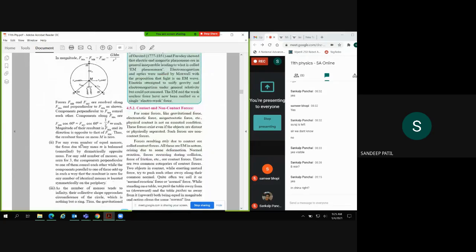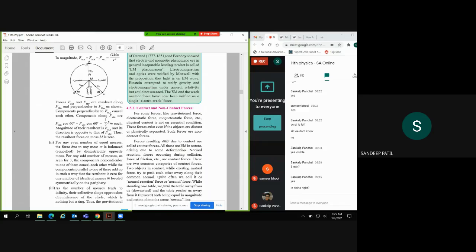For any even number of equal masses, instead of 3, the force due to any mass M is balanced by the diametrically opposite mass. So instead of 3, if we take 4, diametrically opposite forces will cancel each other. For any odd number of masses, as seen for 3, the components perpendicular to one of them cancel each other, while the components parallel to it add up in such a way that the resultant is 0.